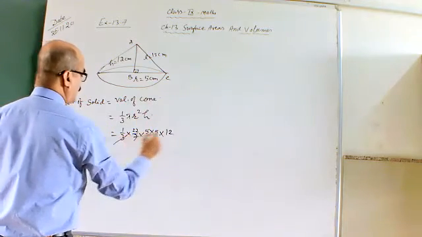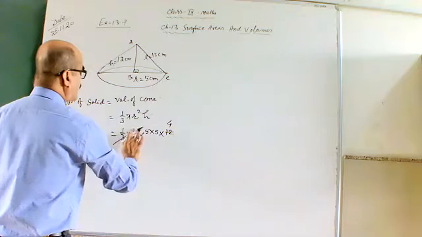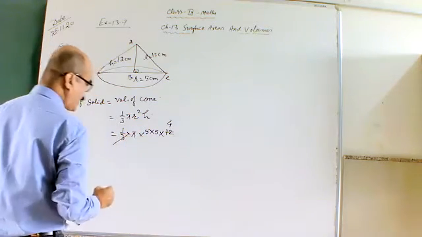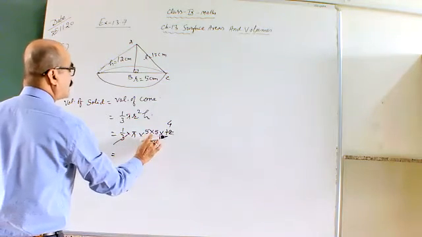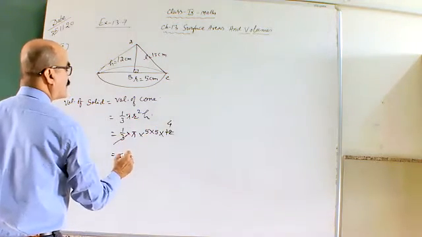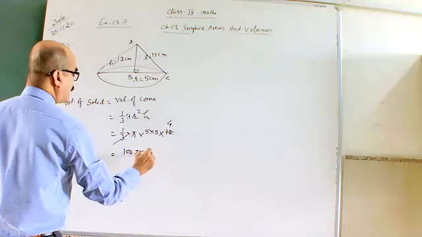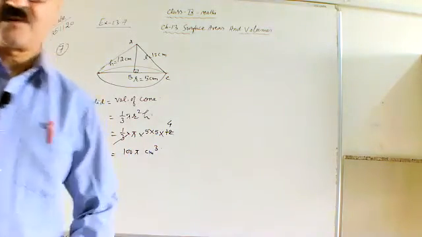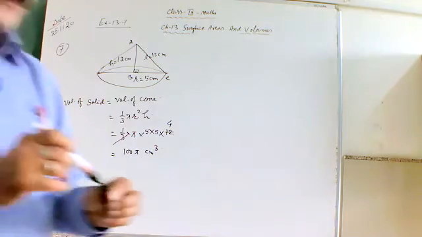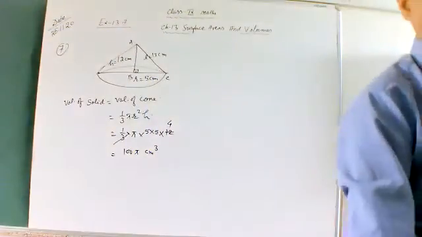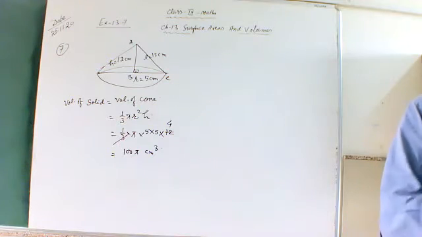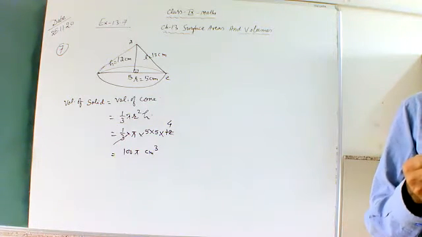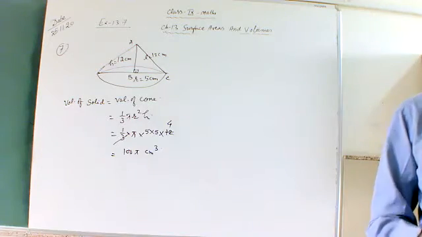So 3 4s are 12, or it is better to not put the value of pi. So this will be 5 5s are 25, 25 into 4, that is 100 pi by 7 centimeter cube. This is the volume of the solid so formed. Is it clear? Yes, sir, clear.